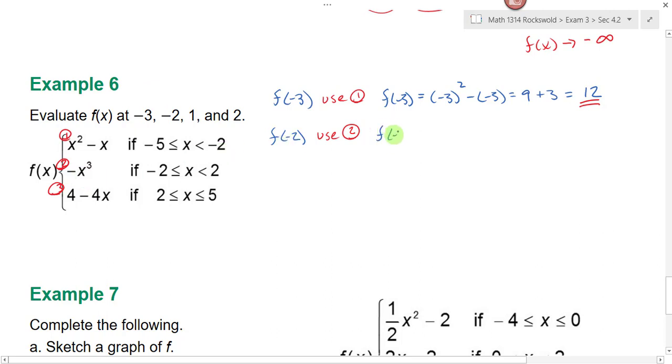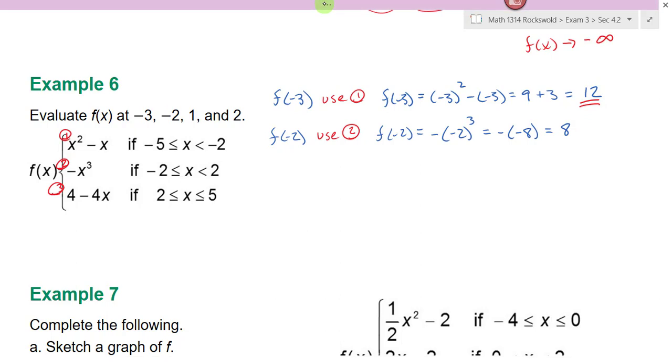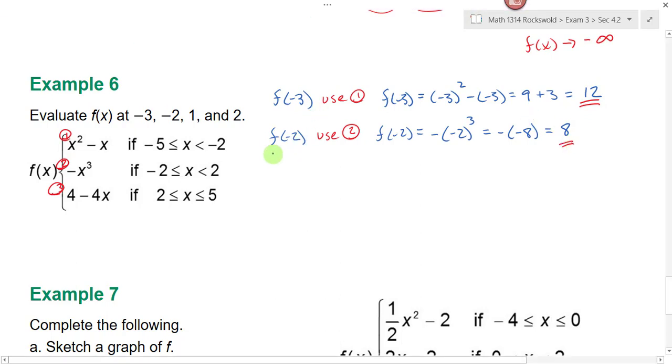So f of negative 2 will be equal to the opposite of negative 2 cubed, because this function says take the opposite of whatever x is cubed. Negative 2 cubed is negative 8, so this becomes the opposite of negative 8. And the opposite of negative 8 is positive 8. Next, I'm asked to find f of 1.